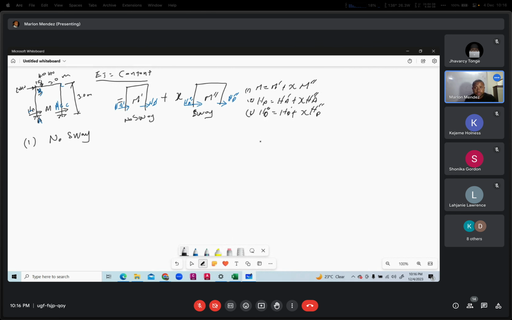All right, good. So no sway. So we know the shear. Let me just put something here because this becomes important in terms of the shear equation.